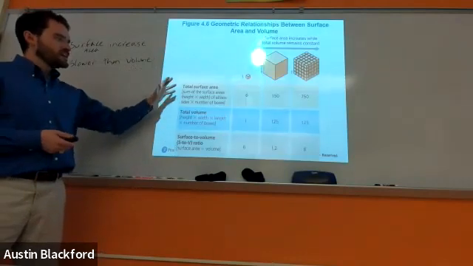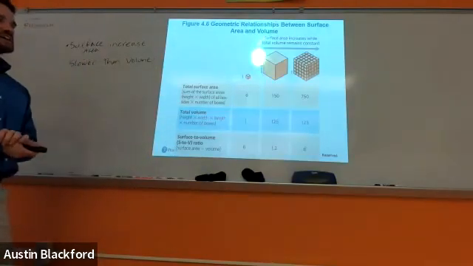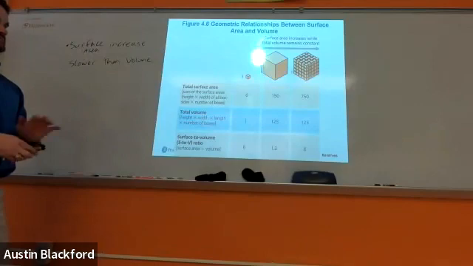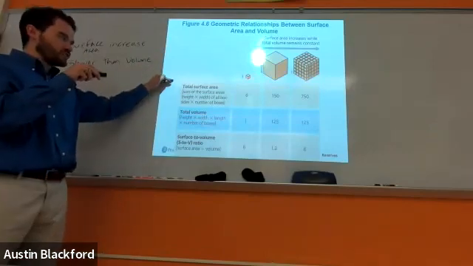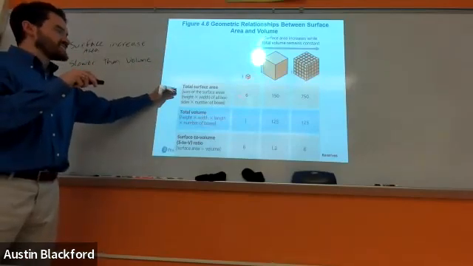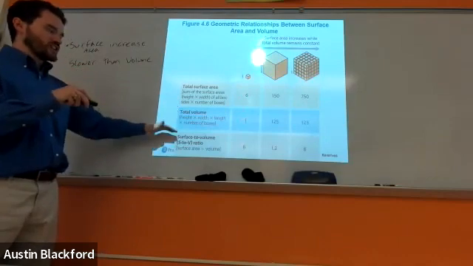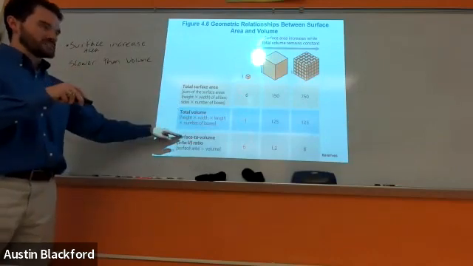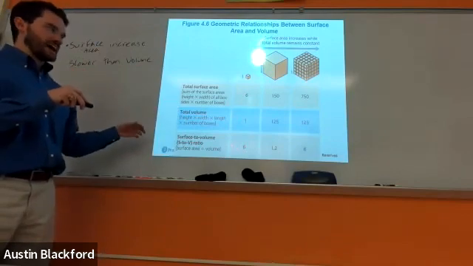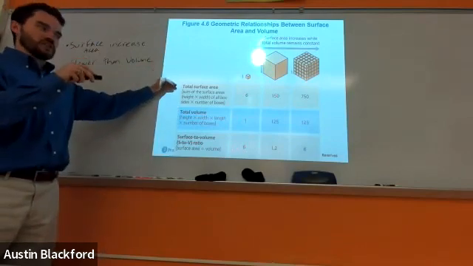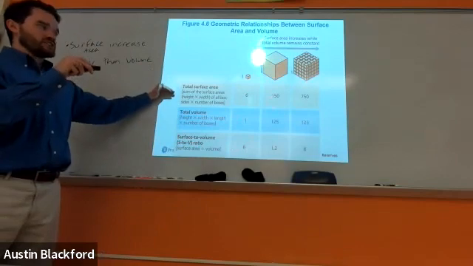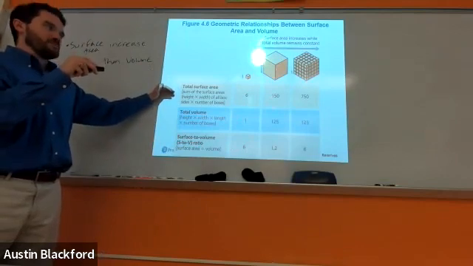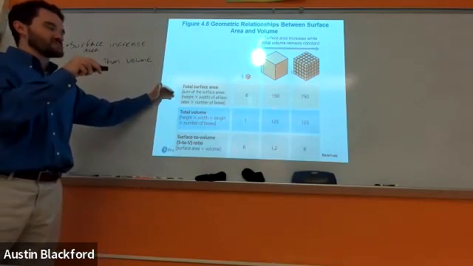Here's another example if this helps. If you had 1 cube, the surface area is 6, volume is 1. Surface area to volume ratio: you do surface area divided by volume, 6 divided by 1 is 6. Let's say I have 1 giant cube, and I just got bigger by making my cells bigger.